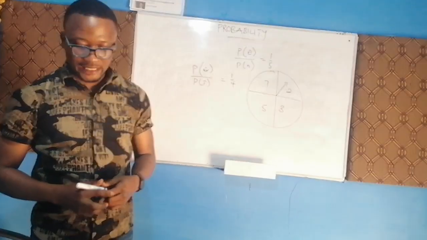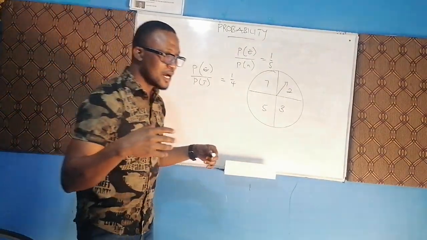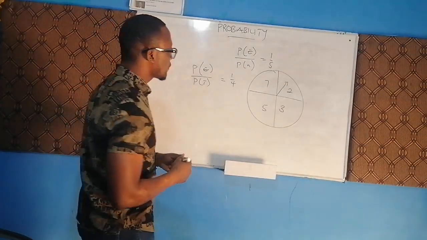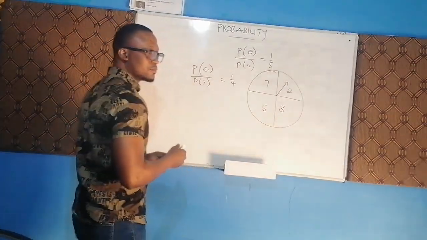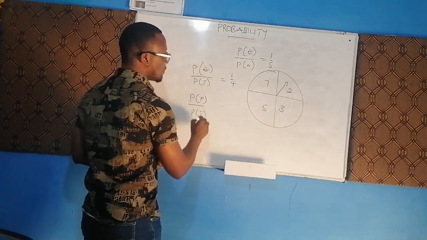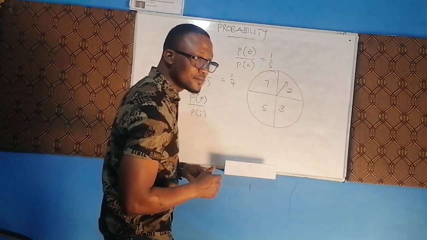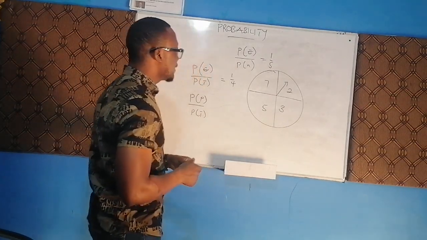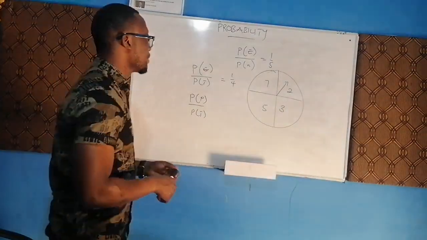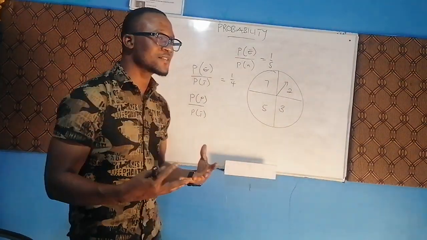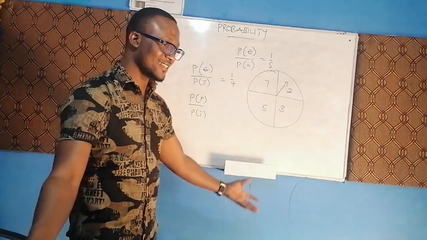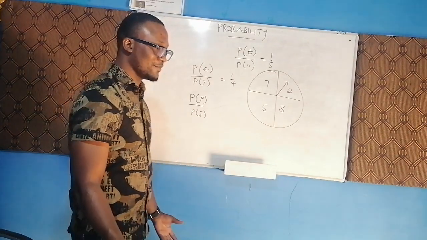What's the probability of you getting a prime number? It's 4 out of 4. Why? If you are going to get certainty, it's certain you are going to get a prime number.